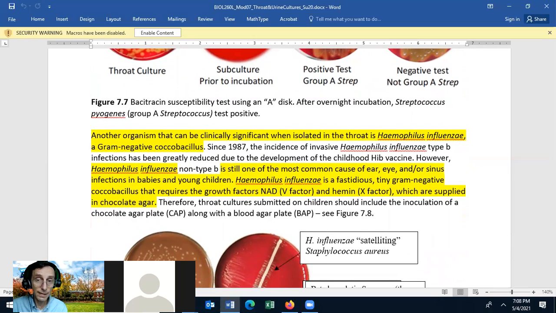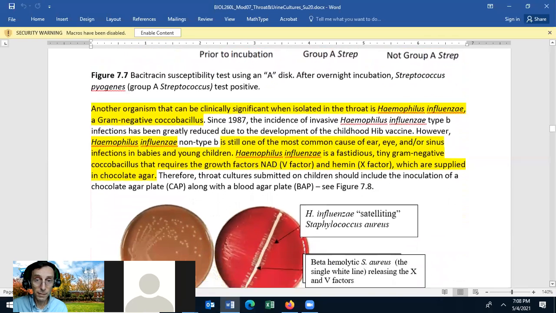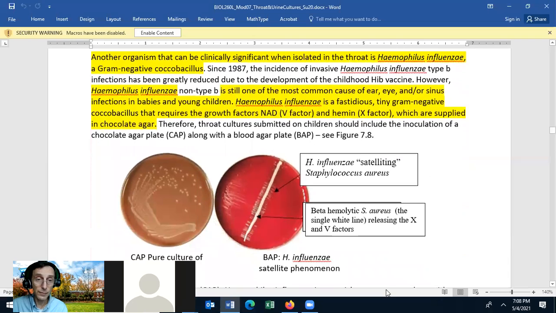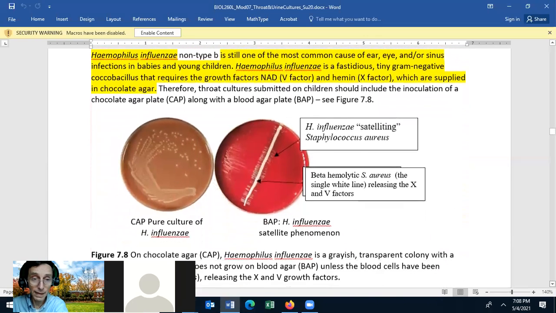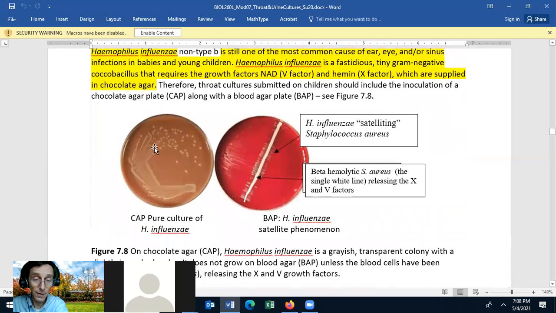Haemophilus influenzae is fastidious and will not lyse blood cells, so it will not grow on a blood agar plate, but it will grow on a chocolate agar plate. This is what CAP is. And here you can see Haemophilus influenzae growing on a chocolate agar plate.